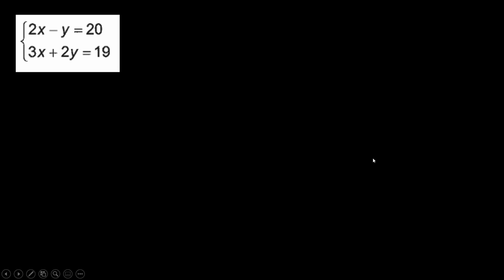Okay, so now we have 2x minus y equals 20, and we have 3x plus 2y equals 19. You might notice that there's no longer a visible pair of opposites. We're going to need to create that pair of opposites by multiplying one of the equations by a number.